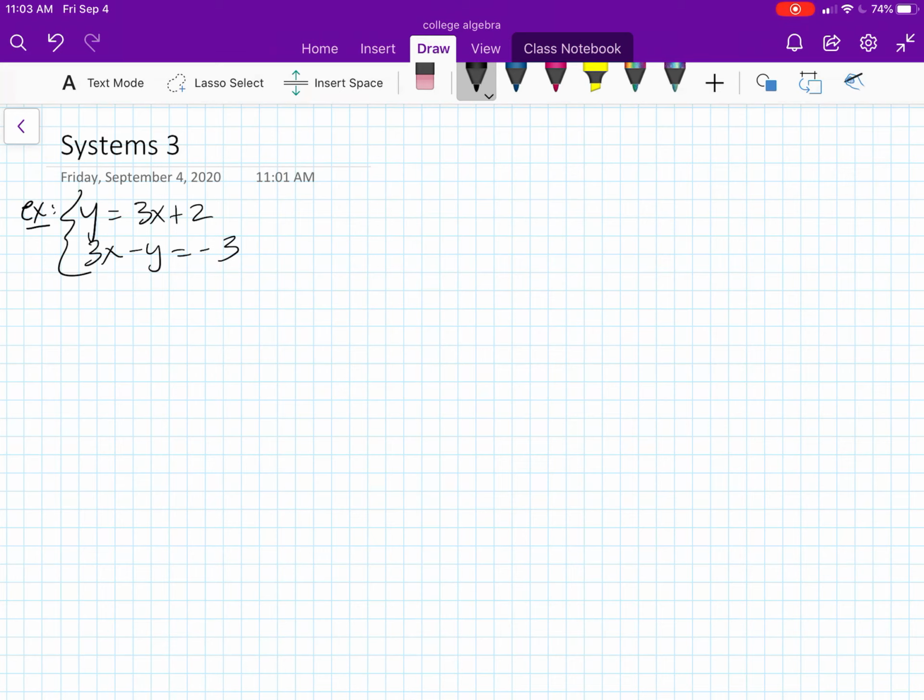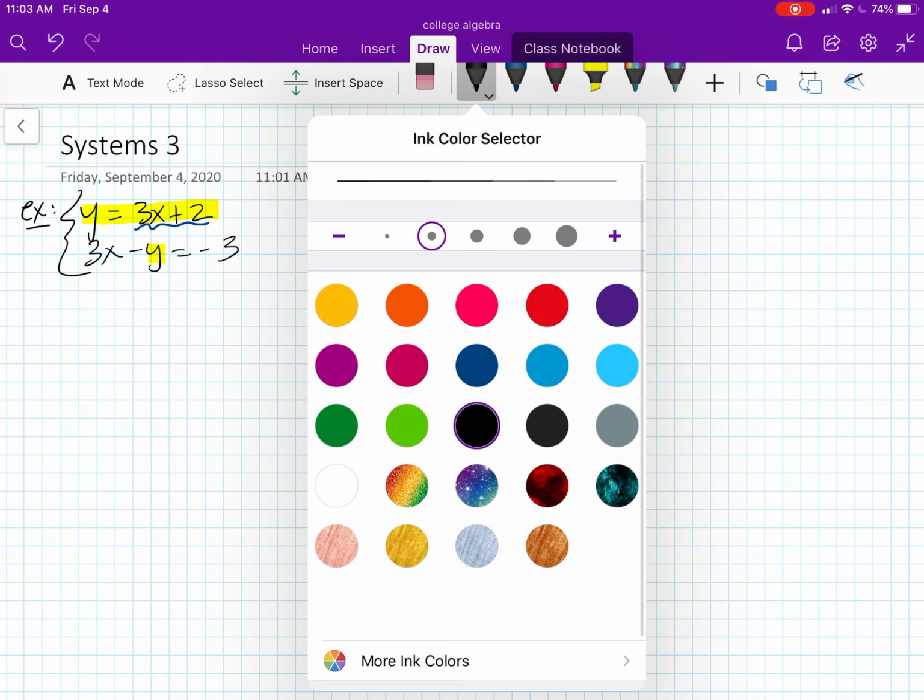I prefer the method of elimination, but for this one, notice this top equation is already solved for y. So to solve it using substitution, I would simply substitute that 3x plus 2 and plug it in for y right here. So algebraically, the substitution method on this problem would probably be best.